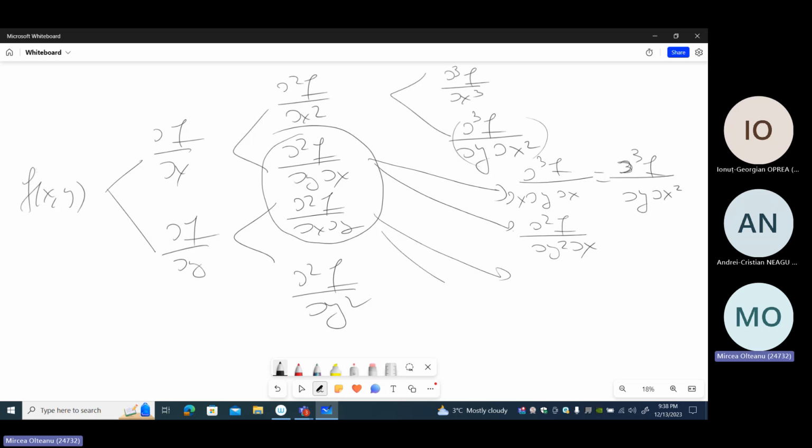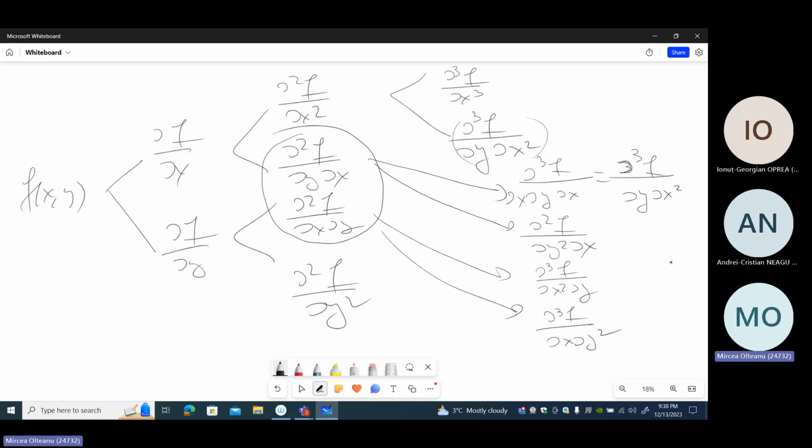For this one, we have another two. But somehow they already appeared. Yes, but it's important because in the Taylor polynomial they will all appear.